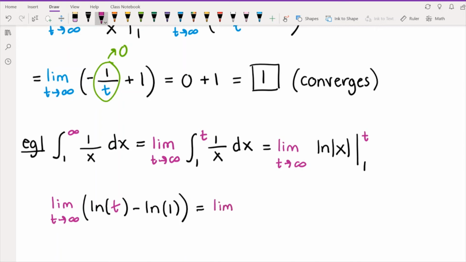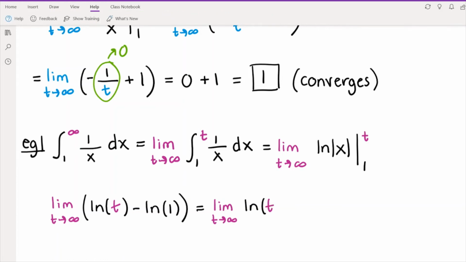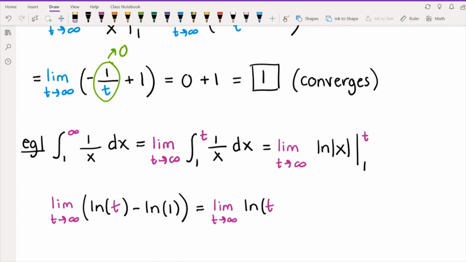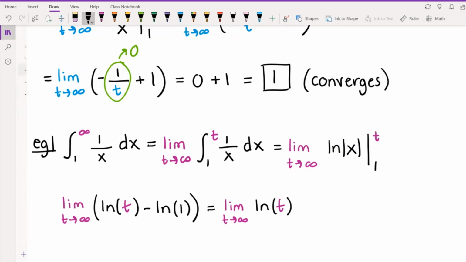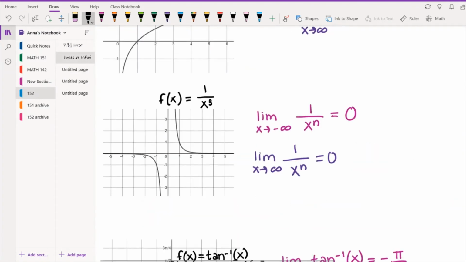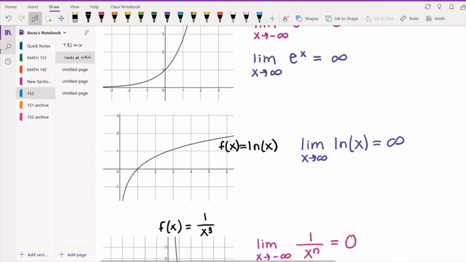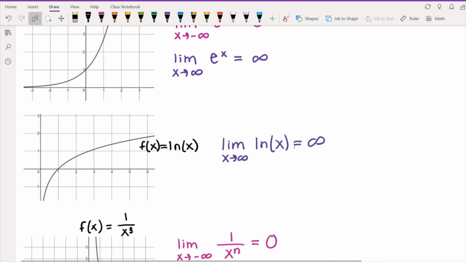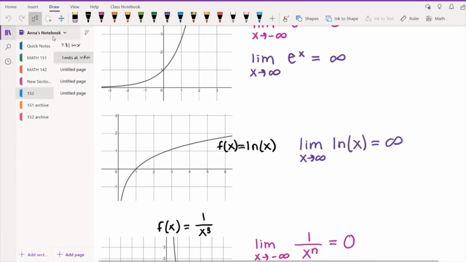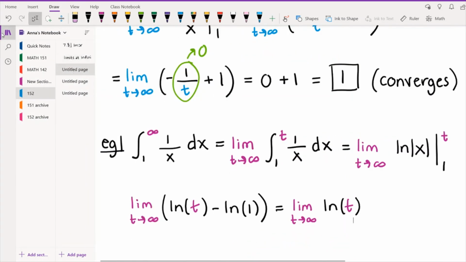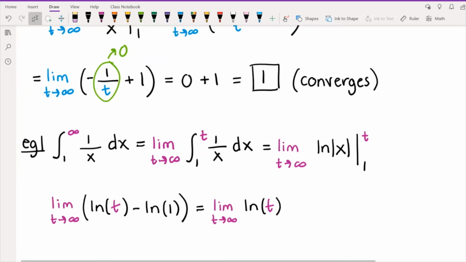So we have the limit as t approaches infinity of ln of t minus 0. So we can just focus on ln of t. This is another one that we saw on the previous page, right? We called it ln of x, but it doesn't really matter. We saw that if you take the limit as x approaches infinity of ln of x, you get infinity. And so therefore, our answer here is actually infinity.